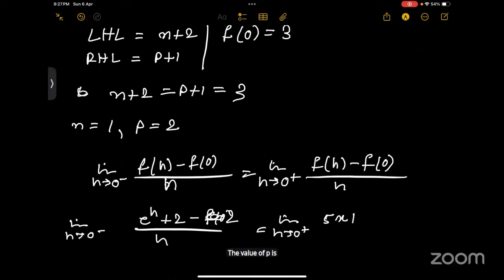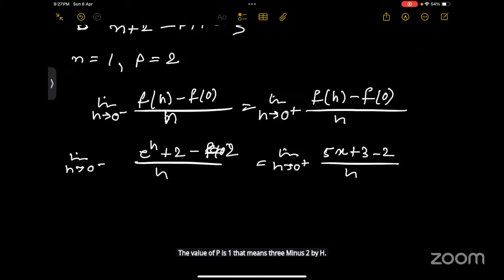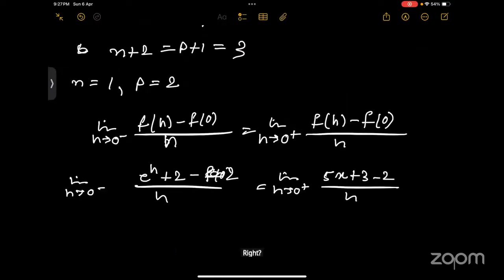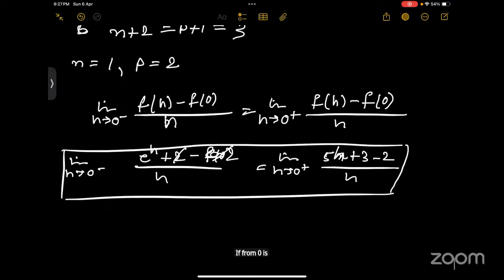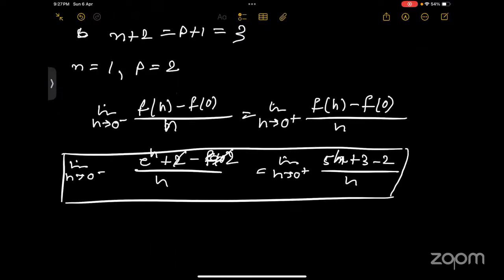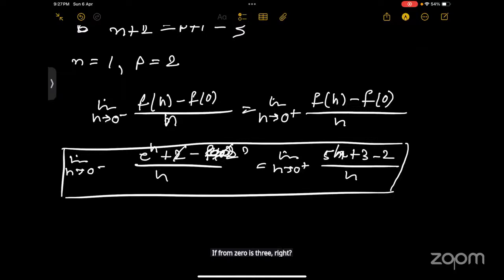That means 3 minus 2 by h, right? Is it fine up to now? This will be h. f of 0 is 3, right? Okay, yeah, correct. That is why f of 0 is 3.